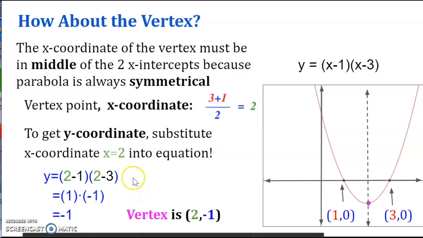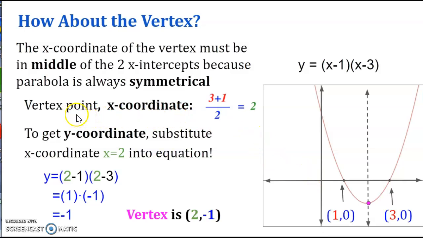What about the vertex from our last lesson? Since we know that parabolas are always symmetrical, if you know the two x-intercepts that are easily found, then what you need to do is take the average of those two x-intercepts, because the x-coordinate of the vertex is always going to be in the middle.